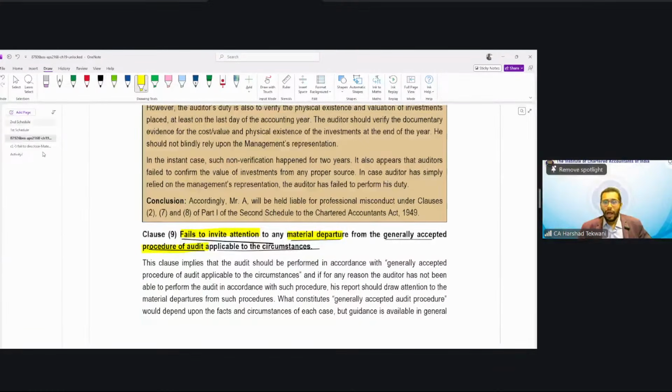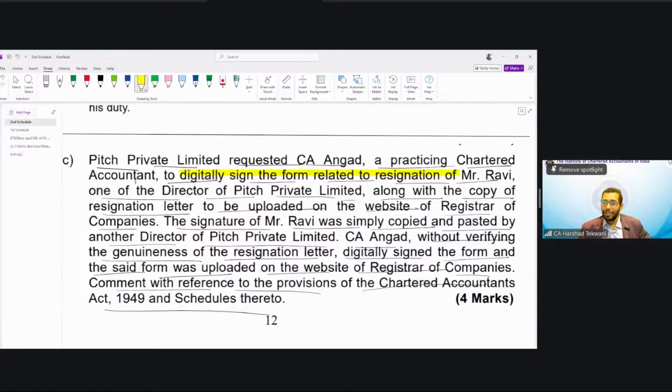We do not have any information in this scenario whether there was a failure to invite. Is there any audit involved in this? If there is no audit, how can you say that there is a failure to invite material departure of the audit procedure? Again, I will not apply clause 9.